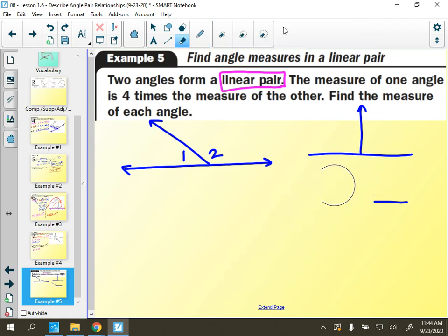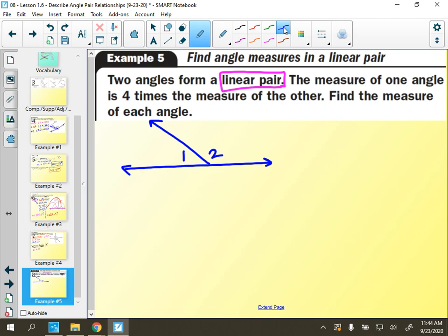I'm just looking for a place to hold some of our values here. Because again, like we've seen earlier, there's an actual value there of 180 degrees that we can use. So where's the other piece of information? The measure of one angle is 4 times the measure of the other.